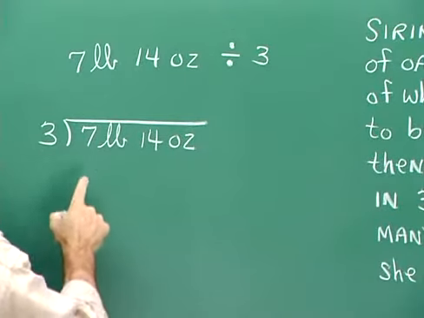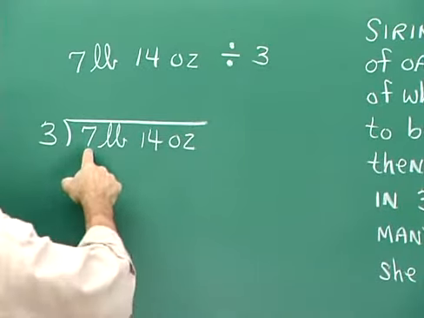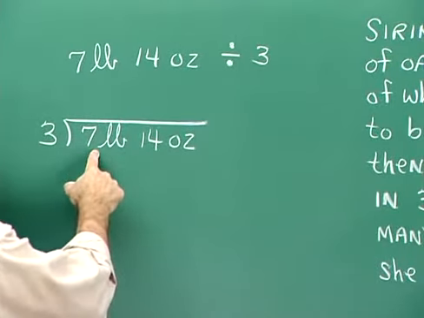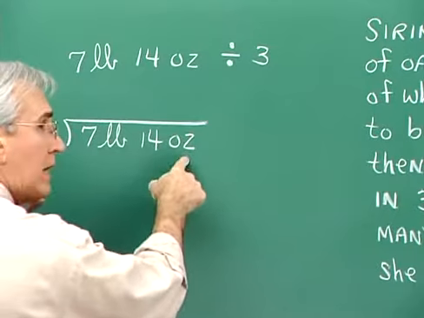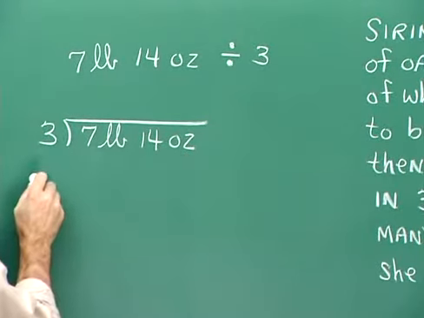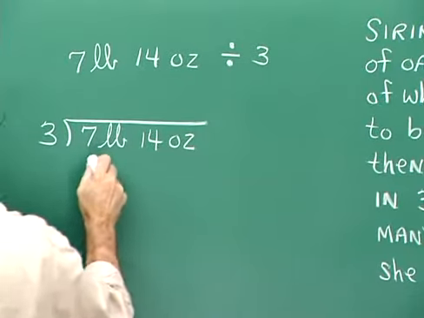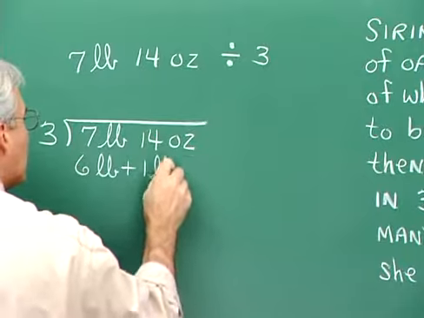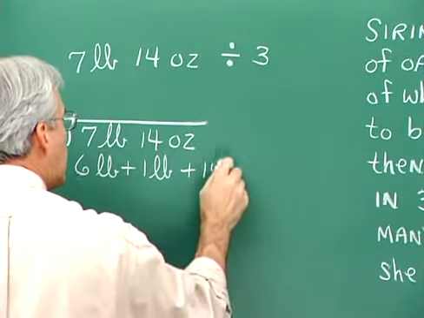So what we're going to do is rewrite this as 6 pounds, and the pound that's left over is added over here to the 14 ounces. You see, this is 6 pounds plus 1 pound plus 14 ounces.